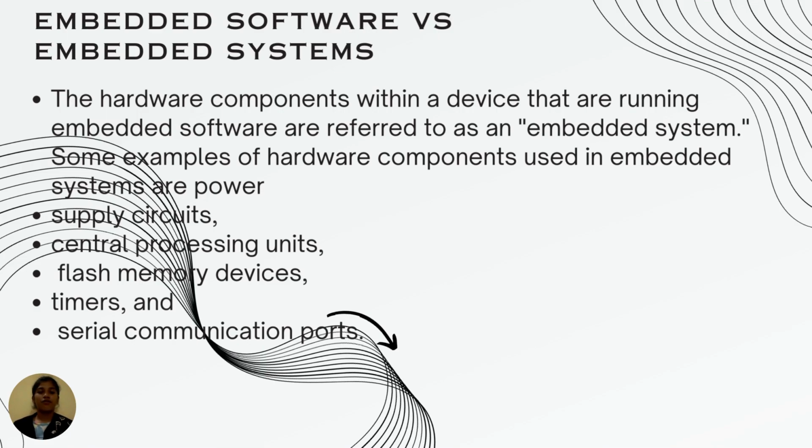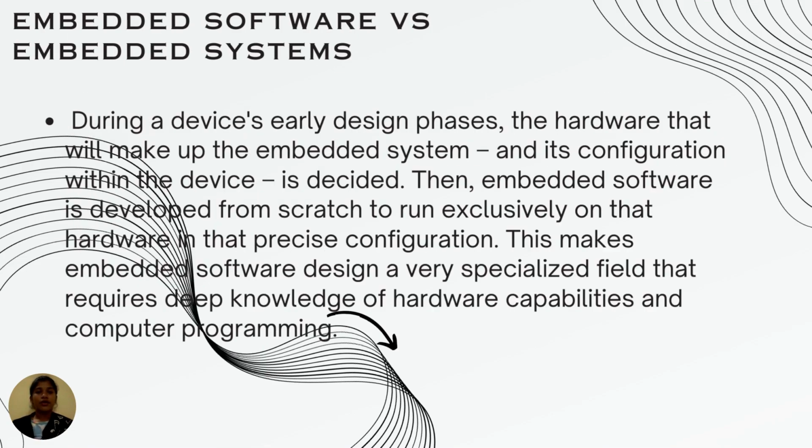Some examples of hardware components used in embedded systems are power supply circuits, central processing units, flash memory devices, timers, and serial communication ports. During a device design, the hardware that will make up the embedded system and its configuration within the device is decided.